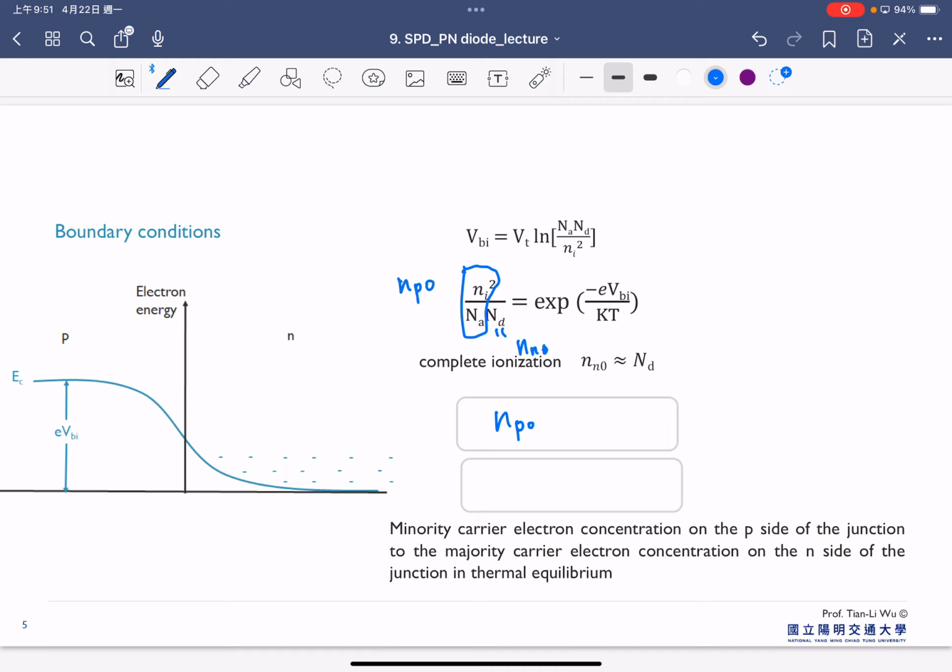Therefore NP0 is equal to ni squared over Na.